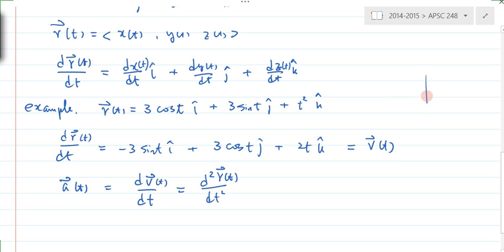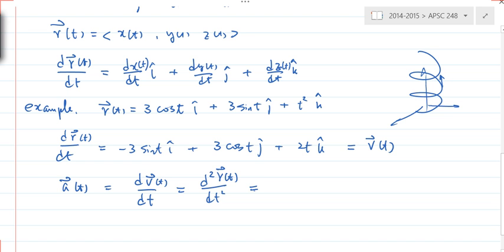So this is a helical curve, something like this. That basically represents the velocity, which is tangent to the curve at a certain point along the helical curve.